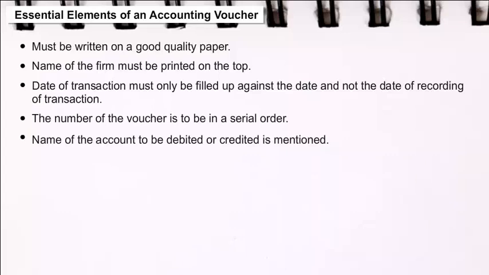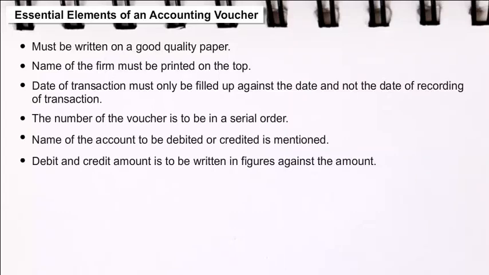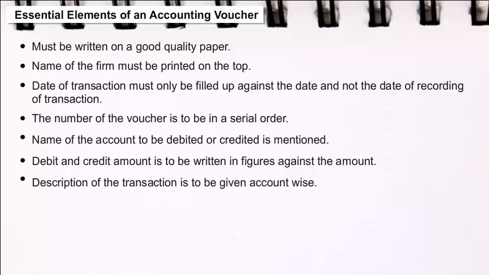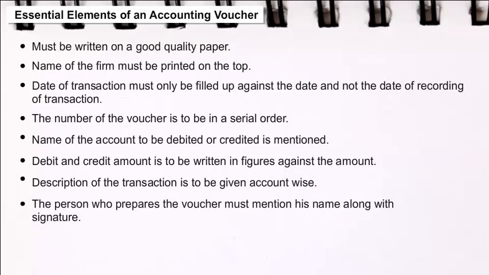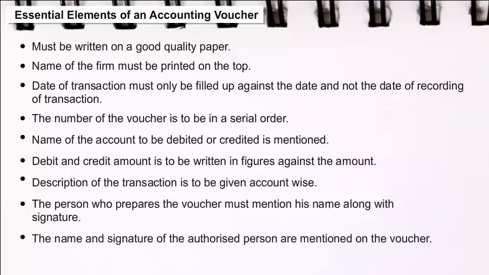The name of the account to be debited or credited is mentioned. Debit and credit amounts are to be written in figures against the amount. A description of the transaction is to be given account-wise. The person who prepares the voucher must mention his name along with signature, and the name and signature of the authorized person are mentioned on the voucher.